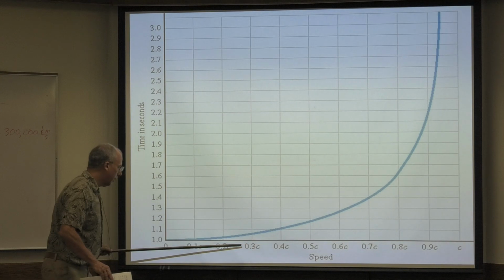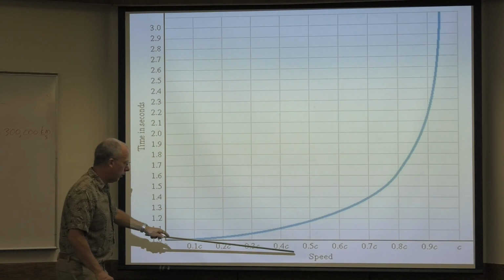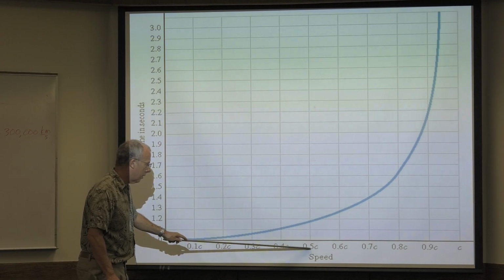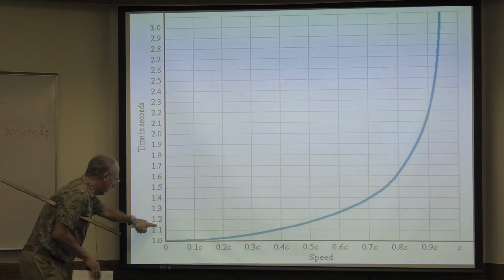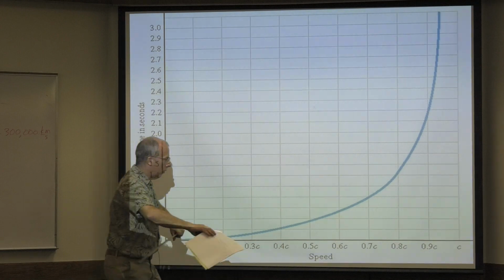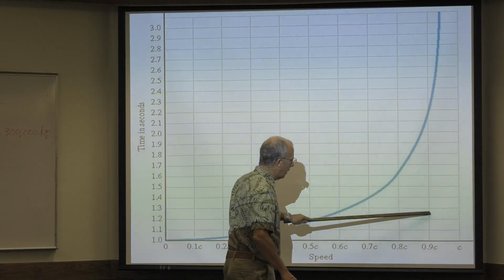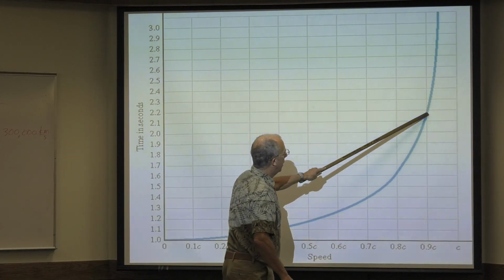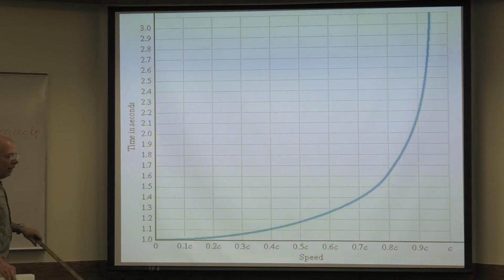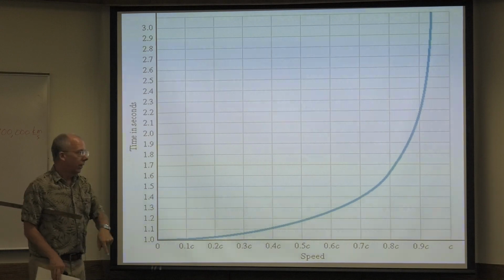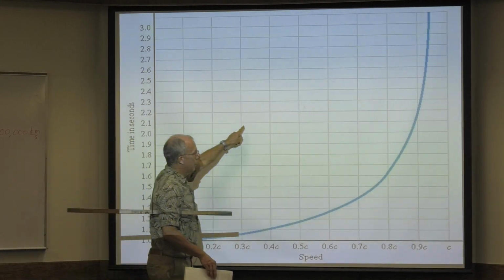So look, if the speed of the rocket is half the speed of light, then Mort would say just a little less than 1.2 seconds. If the rocket is going 0.9 c, 90% of the speed of light, then Mort would say 2.2 seconds. Again, Velma says 1 second, but here it would be 2.2 seconds.